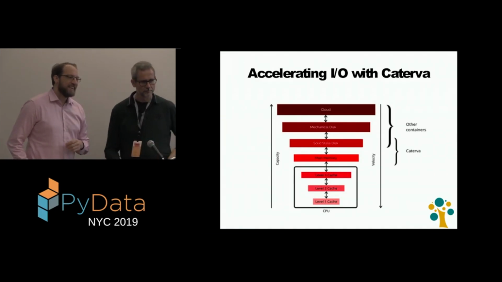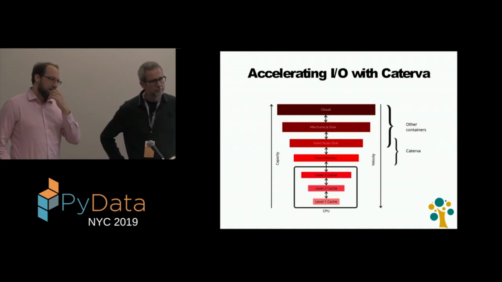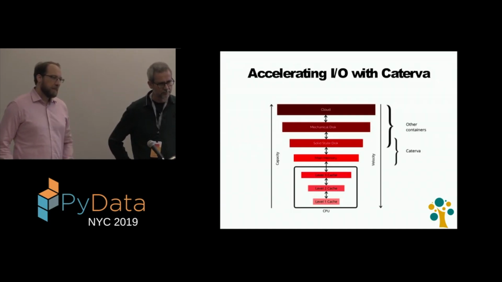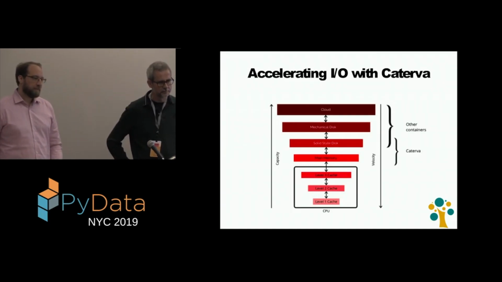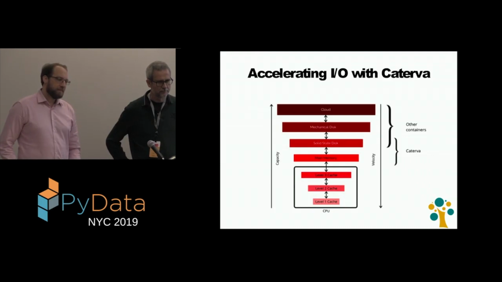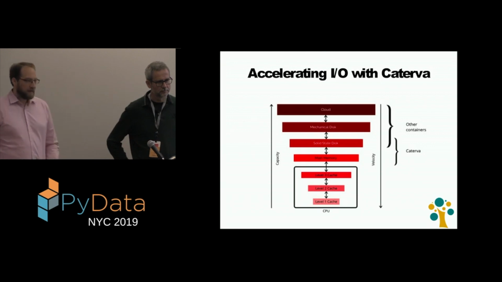Looking at BLOSC being used by Zarr, and obviously Zarr does have all of these broader distributed storage back-ends, how would you describe the philosophy? This is a whole stack, right?